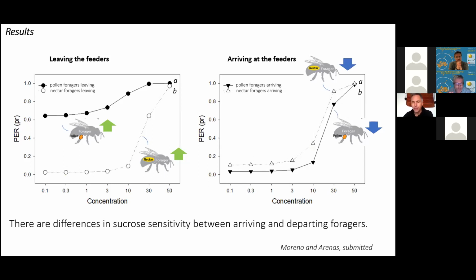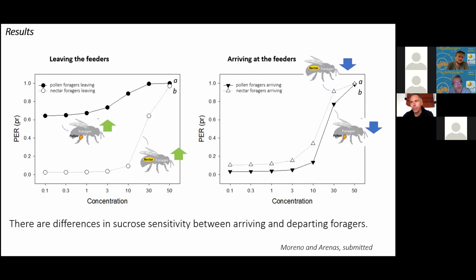So actually arriving would be before leaving. And the way you made the logic was you were starting with leaving. So if you think about that, the change in the sensitivity is a result of being at the feeder, right?